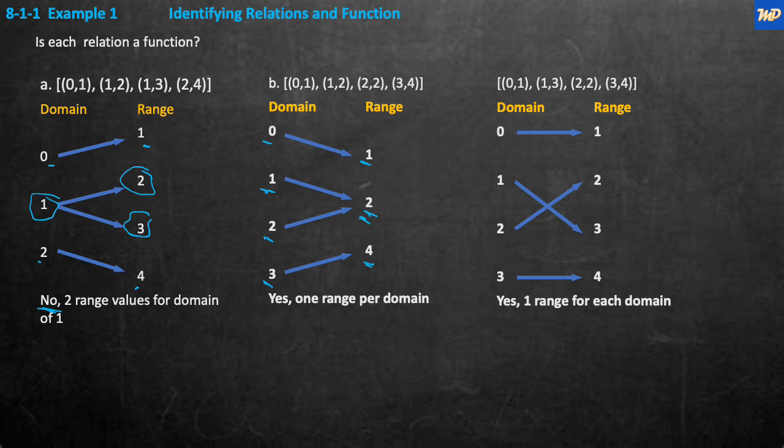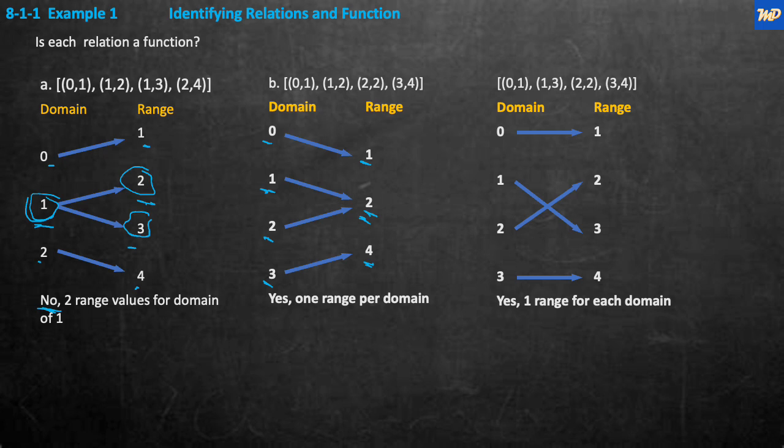Well, the definition of a function says that each domain can have only one. In a relation, the domain can have more than one. So this is a relation over here, 1, 2, and 3. This is a relation. The one domain has 2 outputs, 2 range values.